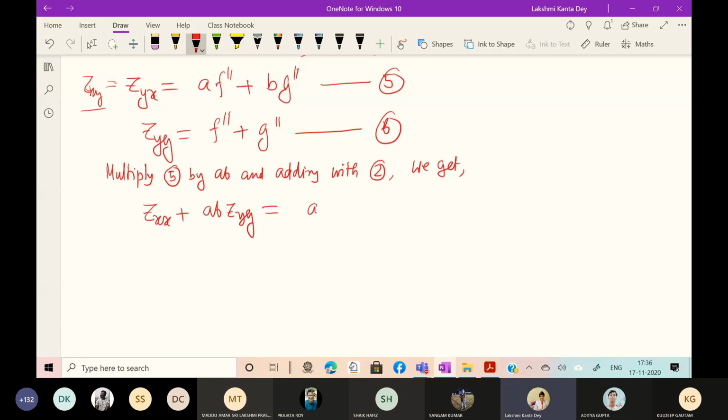This will be A into A plus B, f double dash, plus B into A plus B, g double dash.